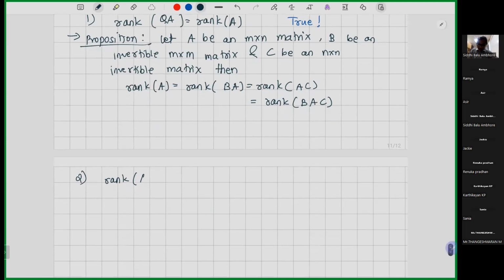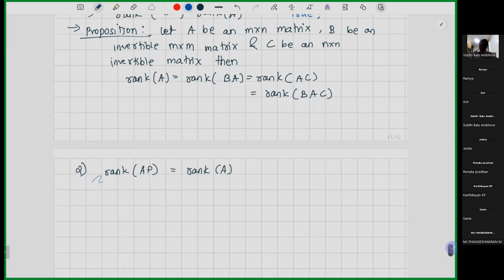Then this will be rank of AP is equal to rank of A, and again we will use the same statement, and this is true by the above proposition.